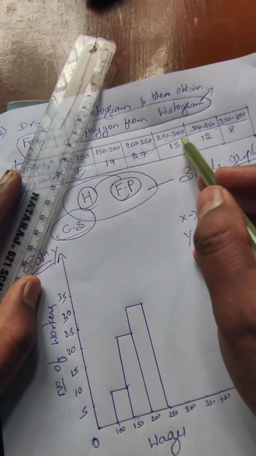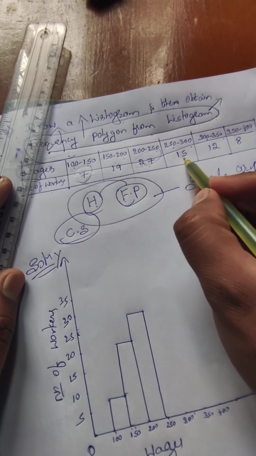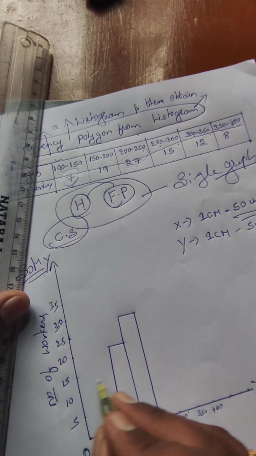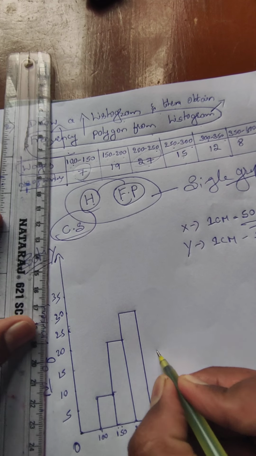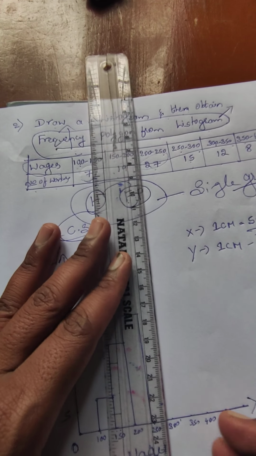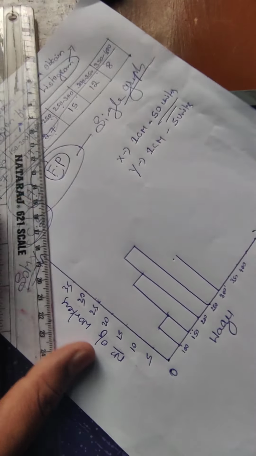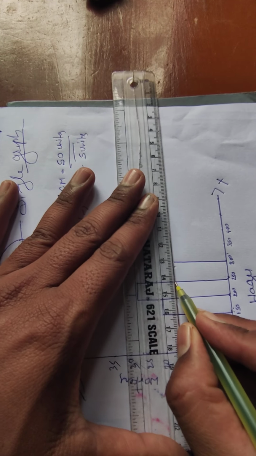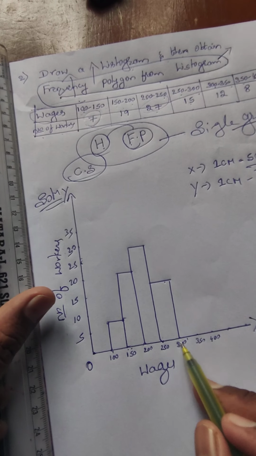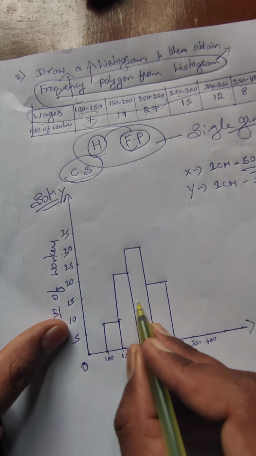Next one, 250 to 300, the number of workers is 15. You have to connect to the previous one. Next, 300 to 350, the number of workers is 12.